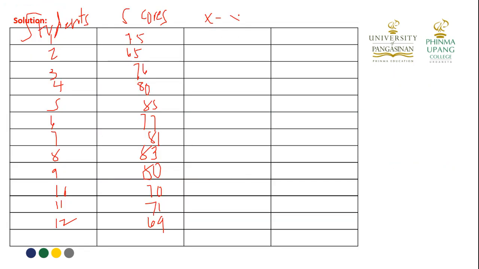Dito, x minus x bar. Para makuha mo yung mean, add natin lahat: 75 plus 65 plus 76, 80, 85, 77, 81, 83, 80, 70, 71, 69. What is the total? 912, sir. Divide sa 12 para makuha natin yung x bar.